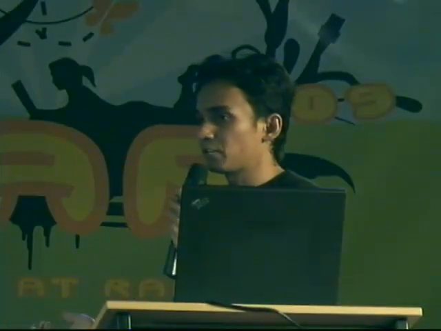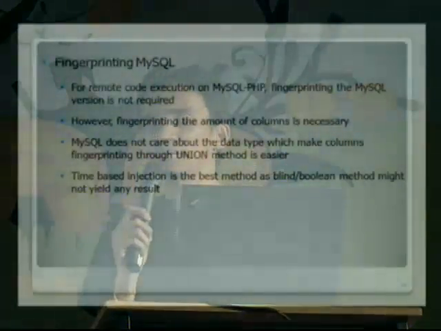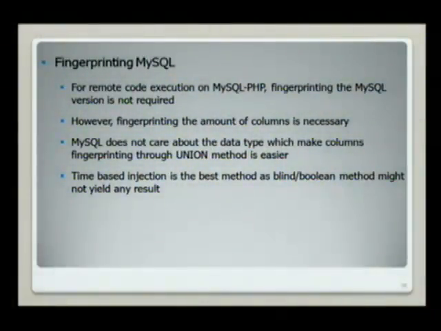And I can say the best method to fingerprint through union select is to combine it with a time-based injection method. A time-based injection is basically known as a timing attack, so it depends on the response of the application. The reason is that sometimes when you use a blind or Boolean injection method, it will not yield any result.